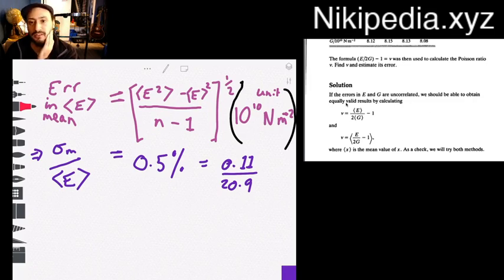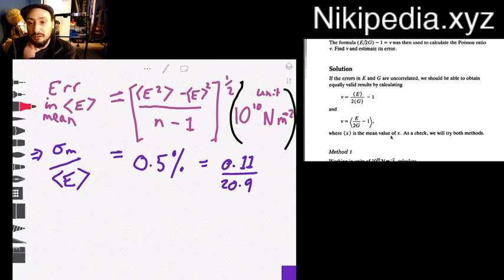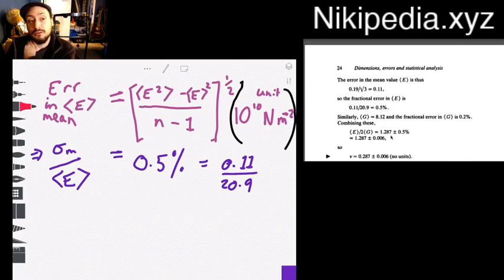So recall that we had two possible methods for calculating the error for nu for this formula. One is the case if they were uncorrelated, then we can treat these error values as separate, and the second one was if E and G were connected in terms of their error, which we don't actually know because we don't know about the experimental setup.